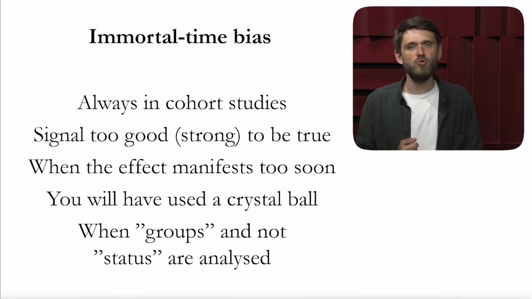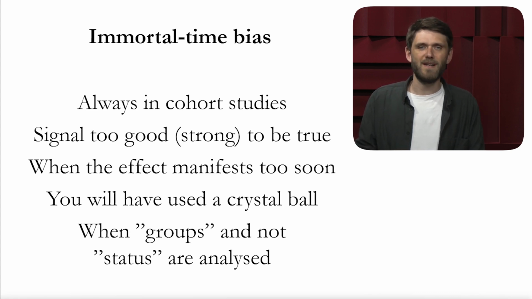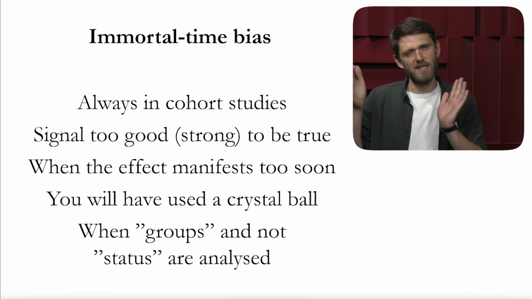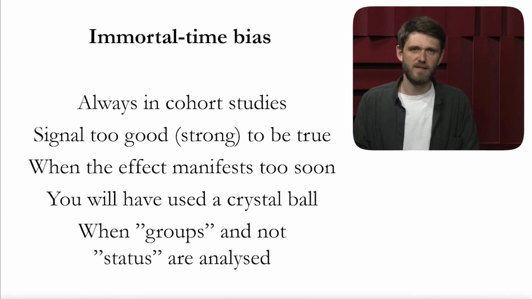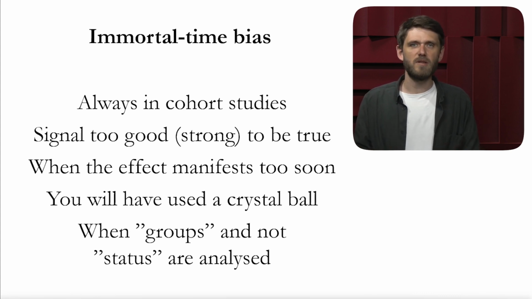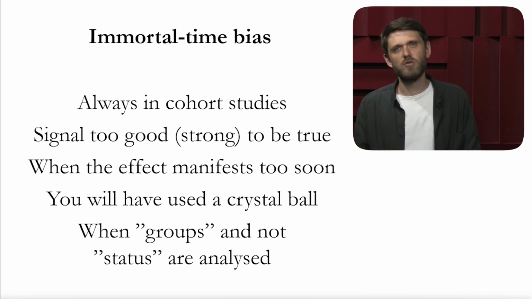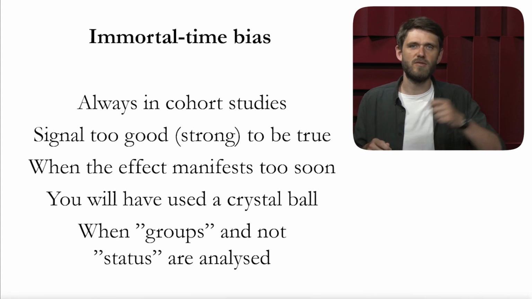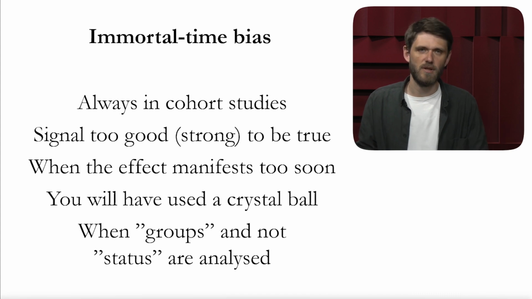If something is too good or strong to be true, if the effect manifests quite soon, it's typically a matter of this sort of selection mechanism, there is a use of a crystal ball, classification of exposure or other metrics depends on stuff that happens later on.